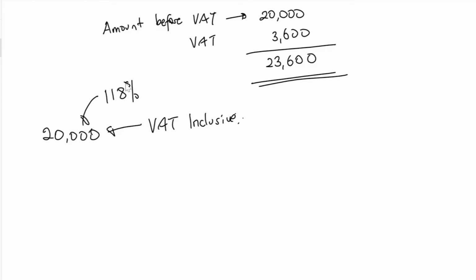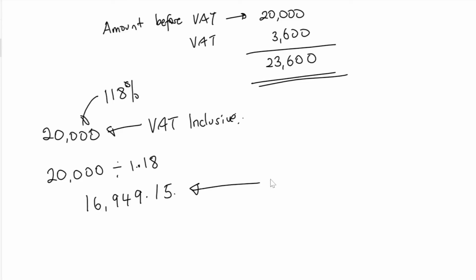It has the 100 plus the VAT component. It's inclusive, it's inside there. So I'm going to simply say 20,000 divided by 1.18, or call it 118%. When I divide 20,000 by 1.18, what I'm going to get is 16,949.15. So this becomes my VAT exclusive.